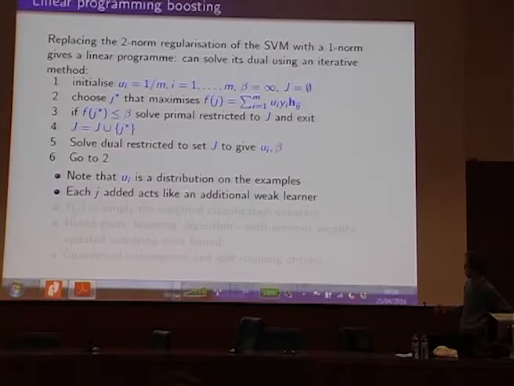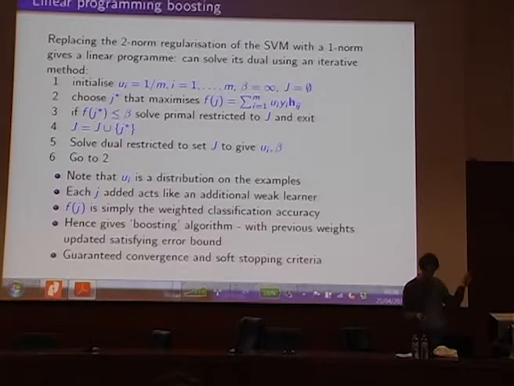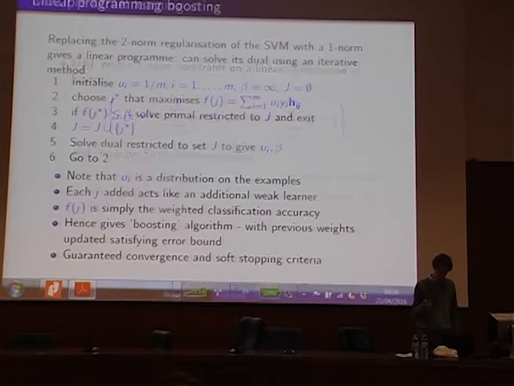Each j added corresponds to an extra feature or weak learner. f_j is simply a weighted classification accuracy, this quantity that we're using to evaluate. And so we've effectively got a boosting iterative algorithm, and we're guaranteed to converge, and there's a soft stopping criterion. So that's the context for the linear programming approach.